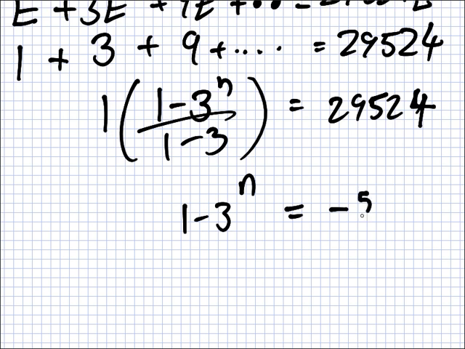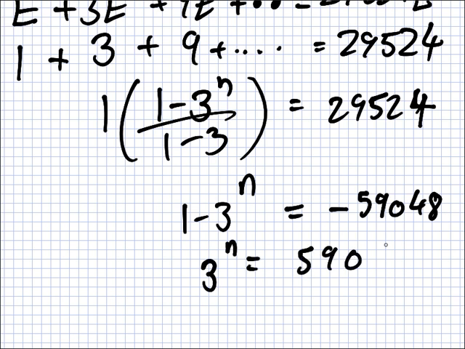59048. You sure? Yes. Okay. So then 3 power n will equal 59049.